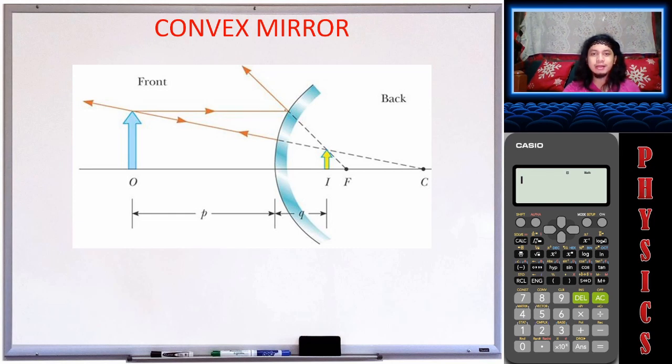So lahat ng light na tatama sa mirror, magdi-disperse lang, magda-diverge lang. Pero meron daw yung tendency na mag-connect or mag-intersect. Saan? Sa kabilang side. Ibig sabihin pag sa kabilang side, hindi na siya real. Na siya? Virtual. And with that, we have virtual, smaller, upright. Yun yung nakuha niya. Okay?